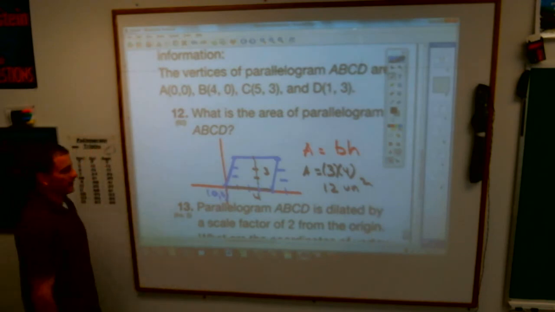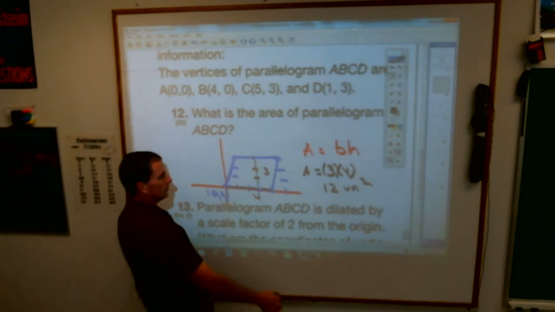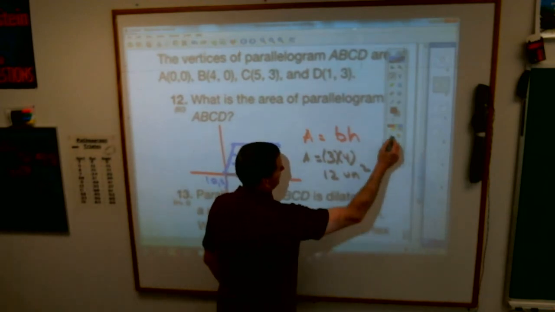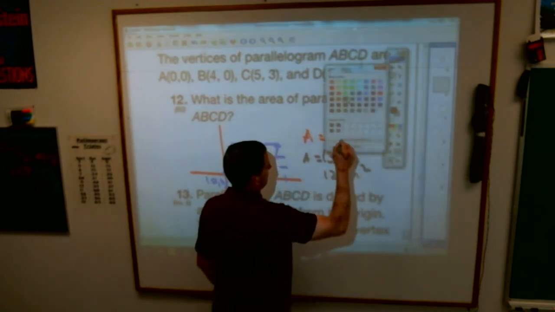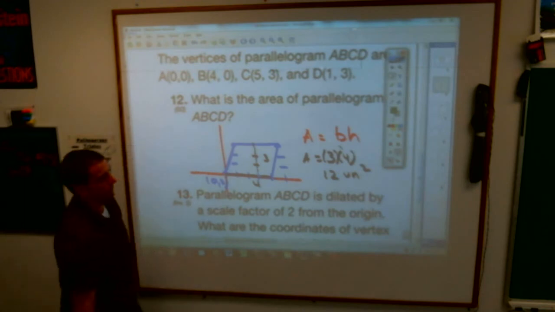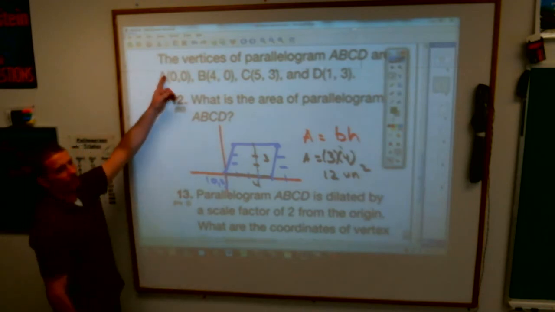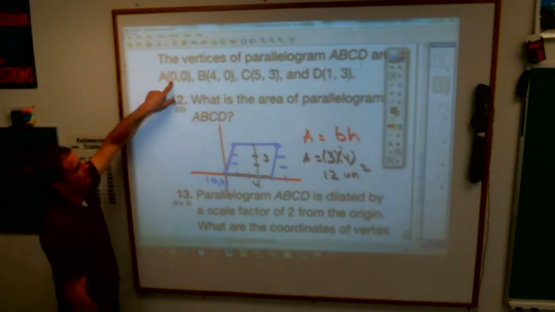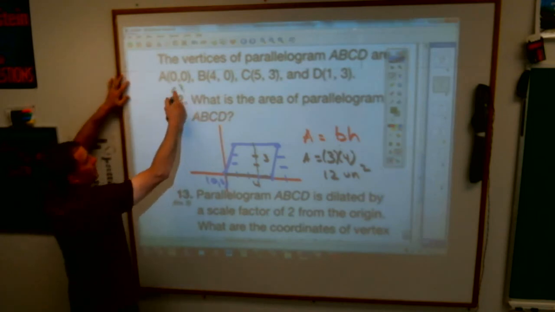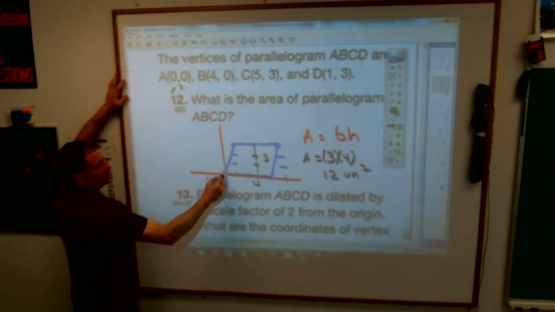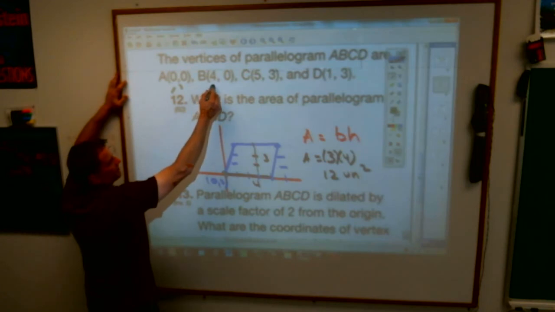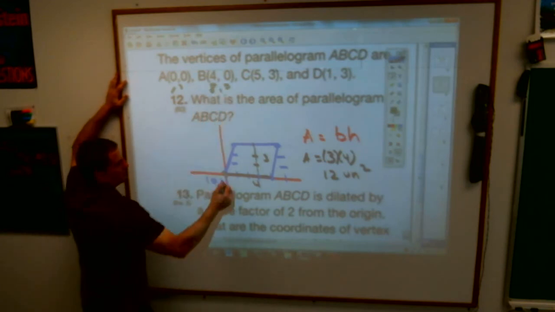Question 13 says it's dilated by a scale factor of 2 from the origin. I'll let you do that before we go any farther. That means, ladies and gentlemen, every number gets multiplied by 2. If I multiply these both by 2, I end up with 0, 0. I multiply these by 2, I end up with 8, 0.